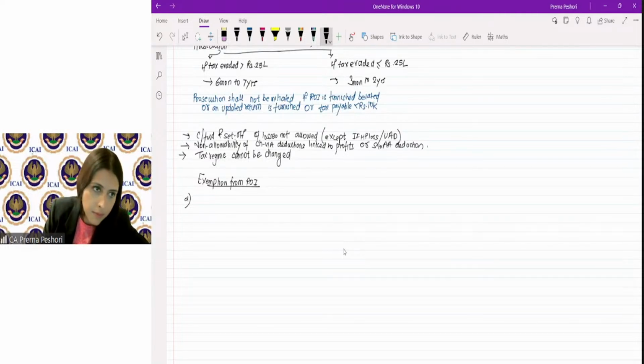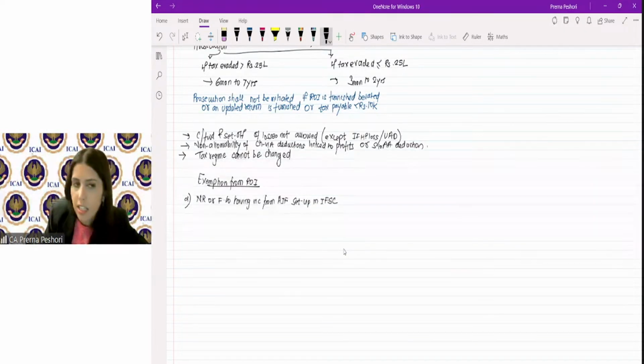Number one, non-resident or foreign company having income from AIF set up in IFSC.